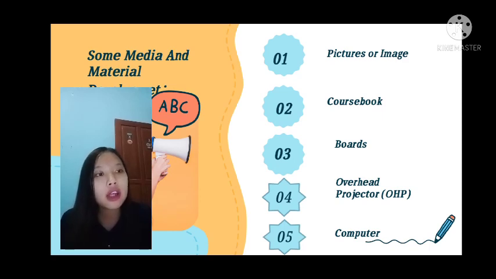Number 2, course book. Course book is a form of print media. It contains material or verbal information through print. It can also be used as a basic instructional guide by the teacher. Number 3, board. Board equals chalkboard or blackboard, whiteboard, and interactive whiteboard or IWB.